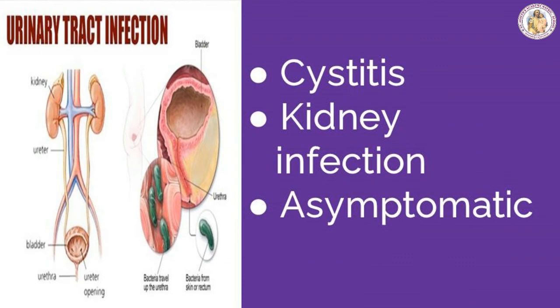Next, urinary tract infection. We are hiding everything, no? If an infection takes place in the urinary tract, you should visit the doctor immediately and discuss it with your elders or parents. Many diseases affect both women and men, but a few occur with high frequency in women, like urinary tract infection.